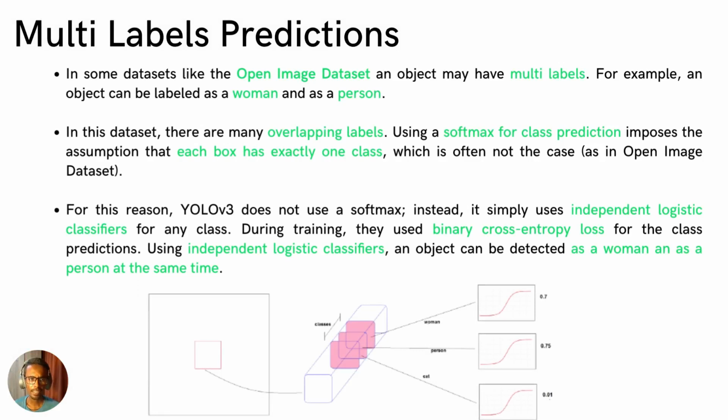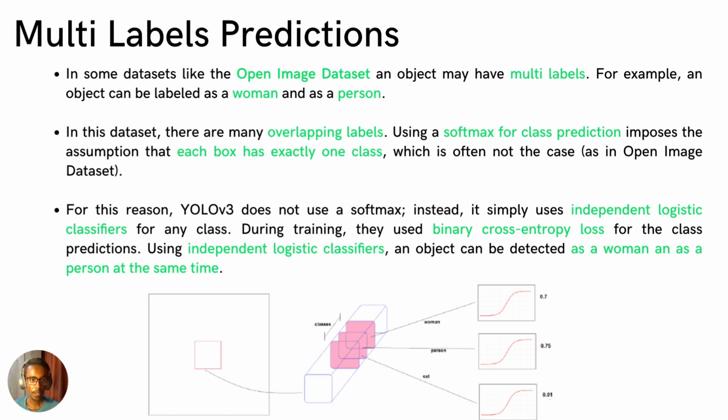So what are these multi-label predictions, and what makes them different from the predictions we have seen in YOLOv2? In some datasets, like the Open Images dataset, an object may have multiple labels. For example, an object can be labeled as a woman and as a person at the same time.